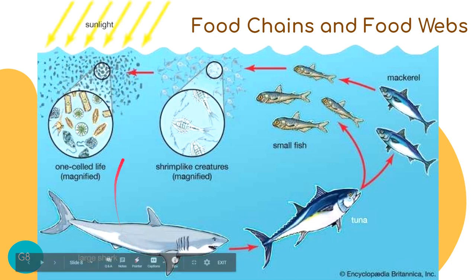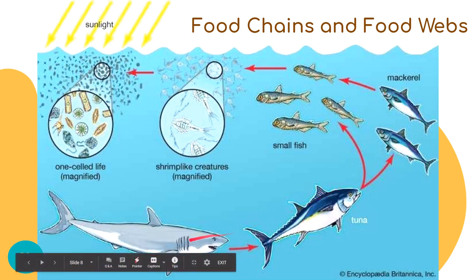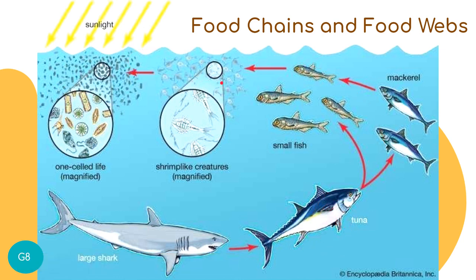Then they can be eaten by your shrimp-like creatures. Then fish can also eat both of them, while smaller fish can be eaten by mackerel, and then tuna may be eating those smaller mackerel, and then a bigger predator like a shark could eat also these smaller organisms. So we also have food webs in aquatic environments.